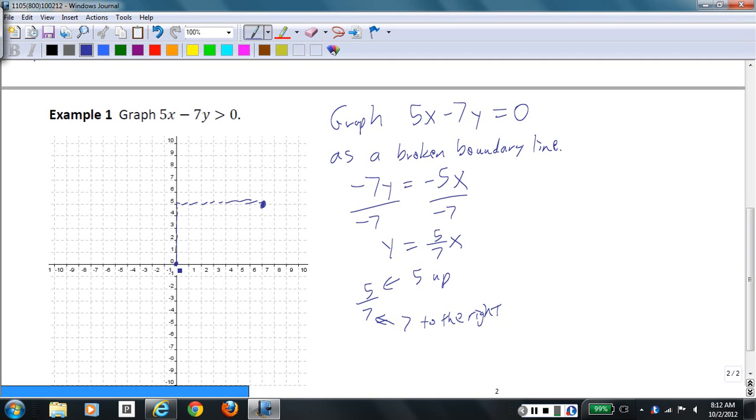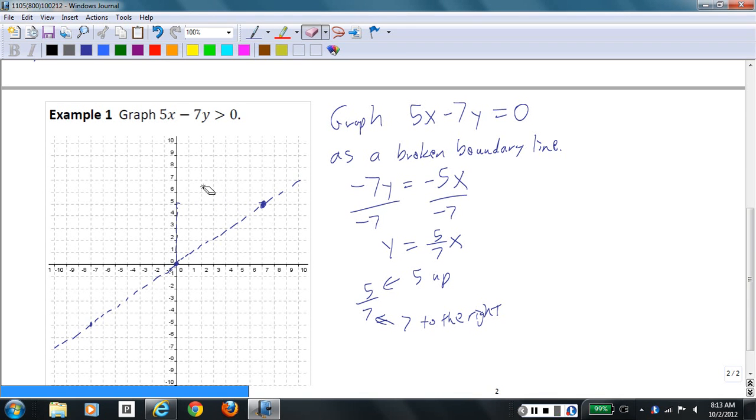So here goes the broken line, connecting those dots. And on this way as well. Incidentally, negative 7, negative 5 is also a point on the graph. And it looks like that. That's the boundary line. Broken because it's a strict inequality, does not have the or equal to bar.